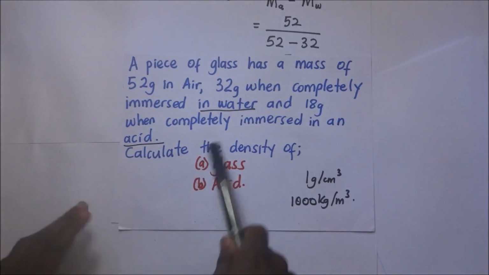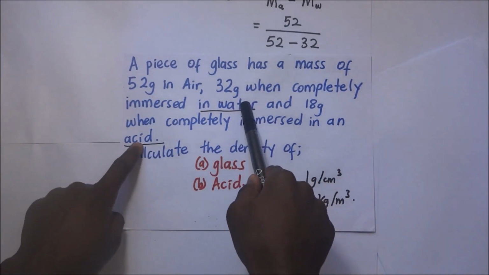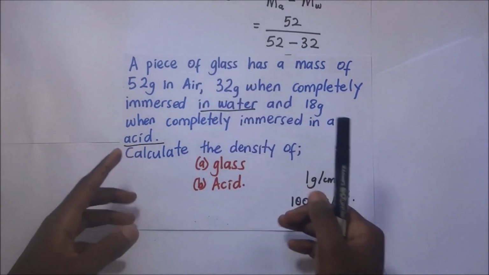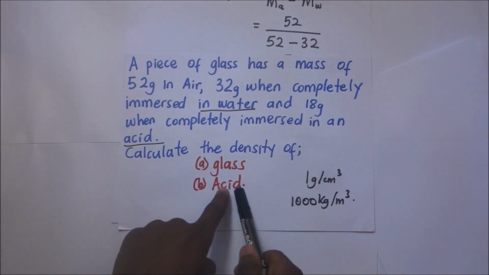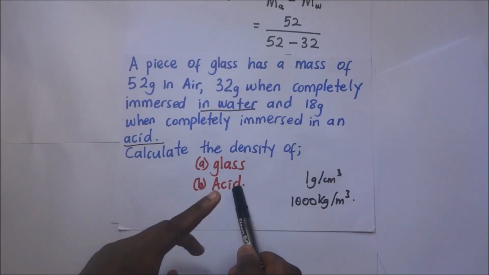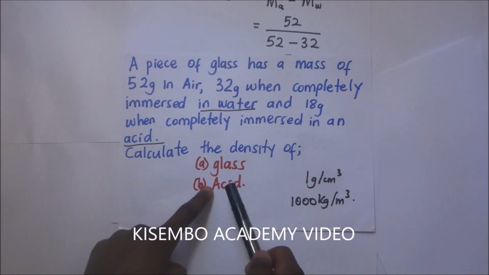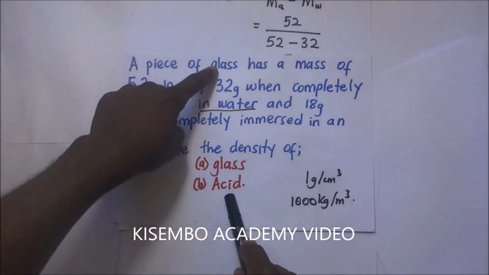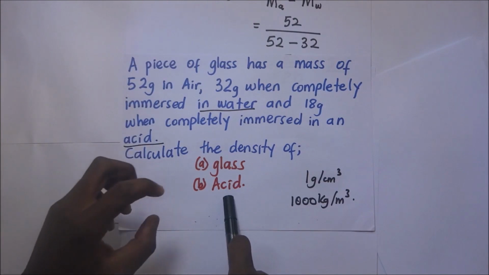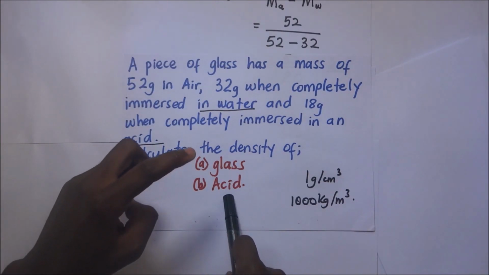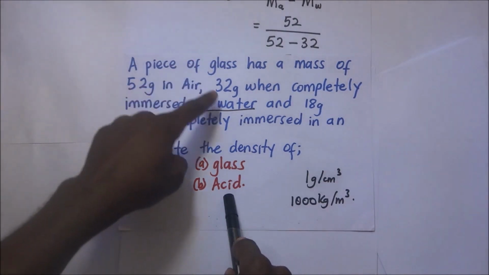Both when it was put in water and when it was put in acid, this piece of glass experienced some upthrust force acting on it. For us to find the relative density of acid, it is the ratio of the upthrust force experienced when this piece of glass was put in the acid to the upthrust force experienced by the piece of glass when it was put in water.